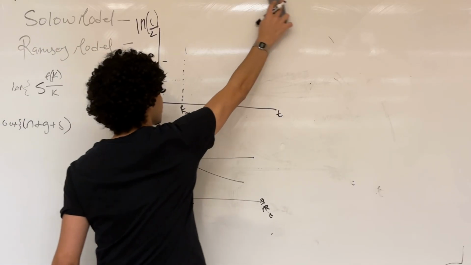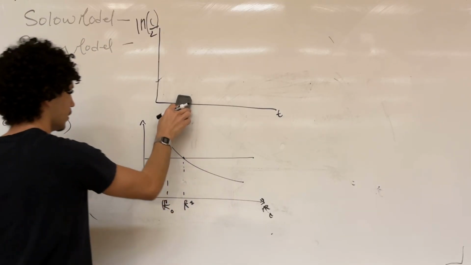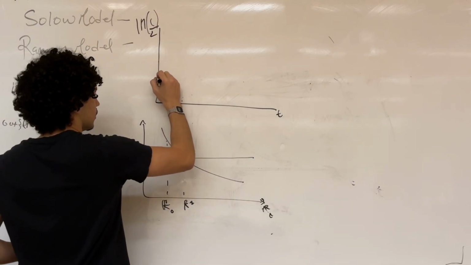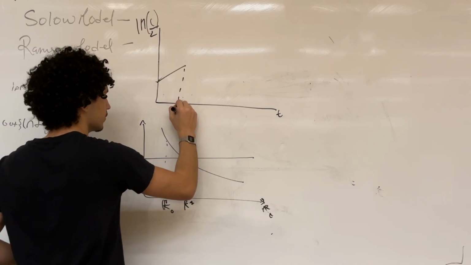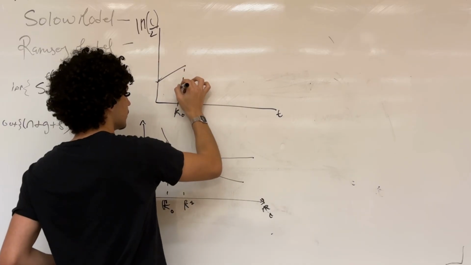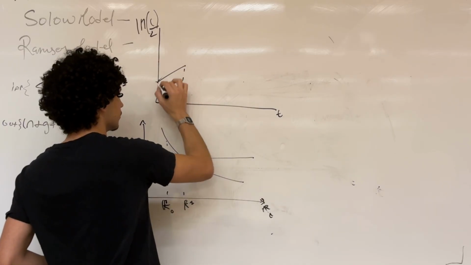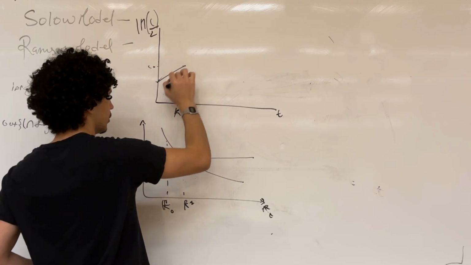Now here's another situation. It's the same thing. This is K0, so current. And then let's say from this point, so again, this is current consumption.